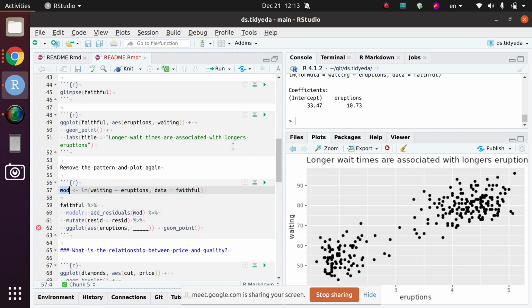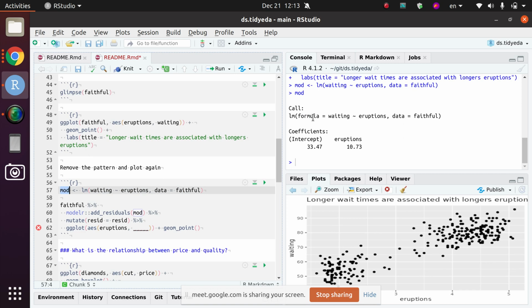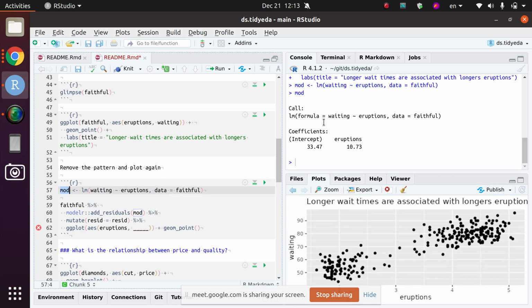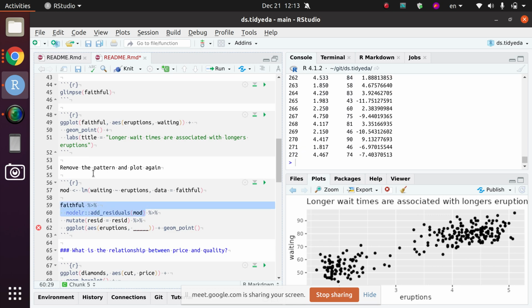If I print that to the console, what I see is just the summary of the model in a way. But we're going to be using modelr now, as you can see here, to take the residuals of that model and add them to the data. If we just run these couple of lines, all we are doing is adding a new column.